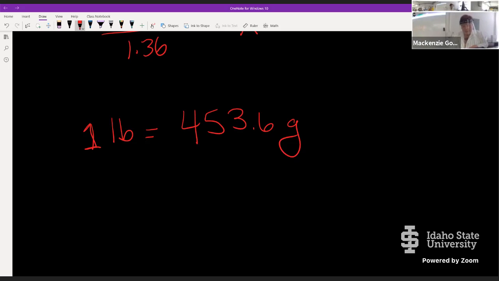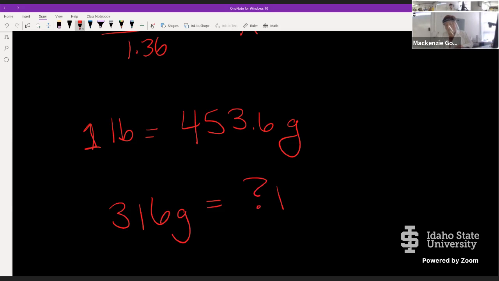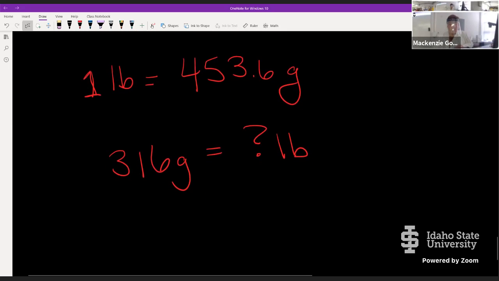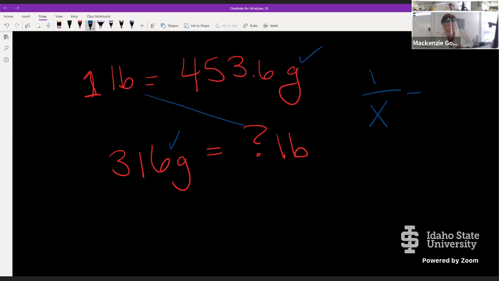And if you have 316 grams, how many pounds do you have? You can just flip them. Because we want to get this and this together and this together, those are our units. So we've got 1 over our unknown is 454 over our 316.